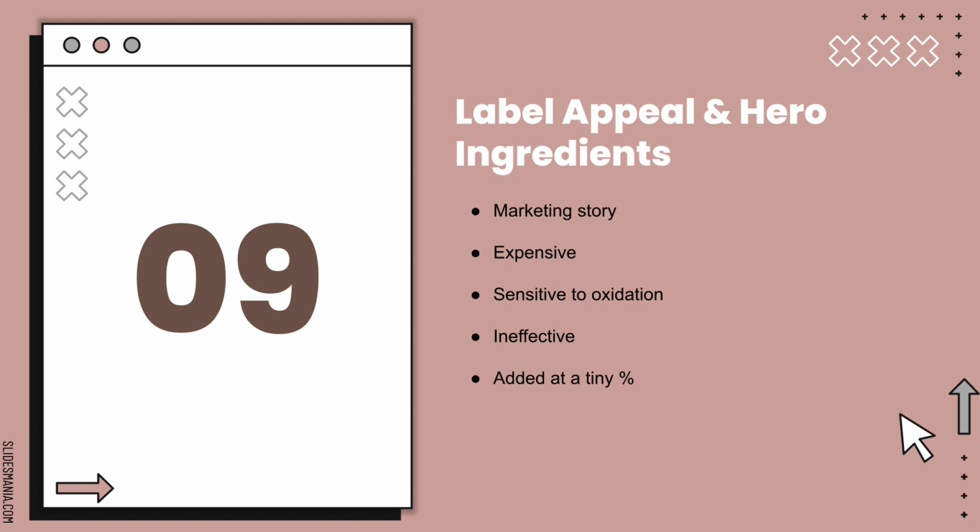These are ingredients which a brand will source as they sound appealing to their target market. These ingredients are usually expensive, can be sensitive to oxidation, and are added at only a tiny percentage. Even if they were added at a much higher percentage, usually these ingredients do not have any functional benefits.